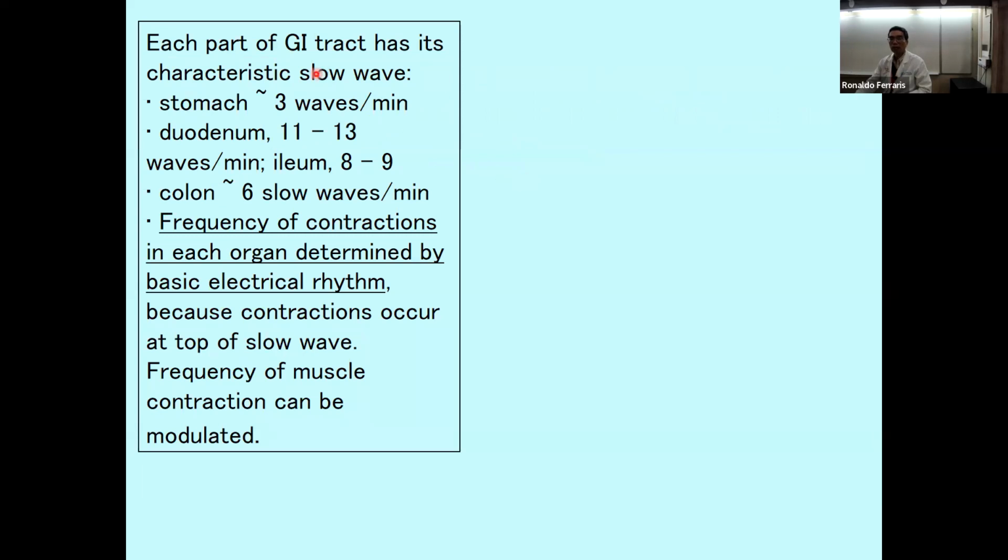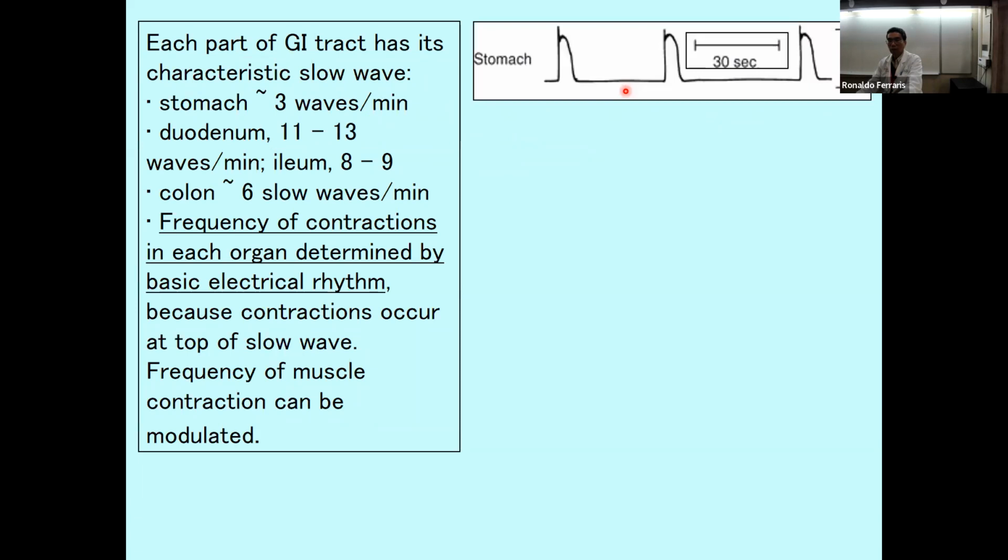Now, each part of the GI tract has a characteristic slow wave. This is your stomach. This is your time, and these are your slow waves with action potentials depicted here if it crosses the electrical threshold. So it's about 3 per minute.